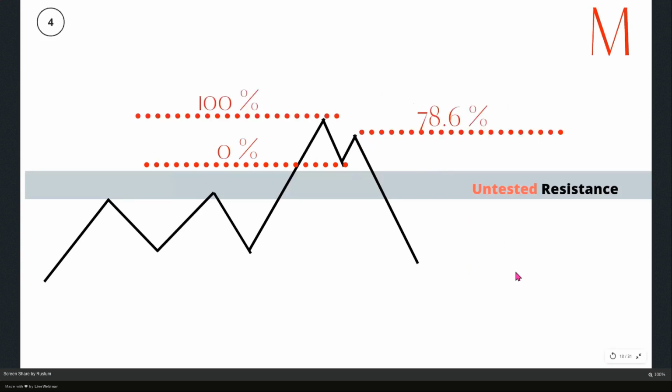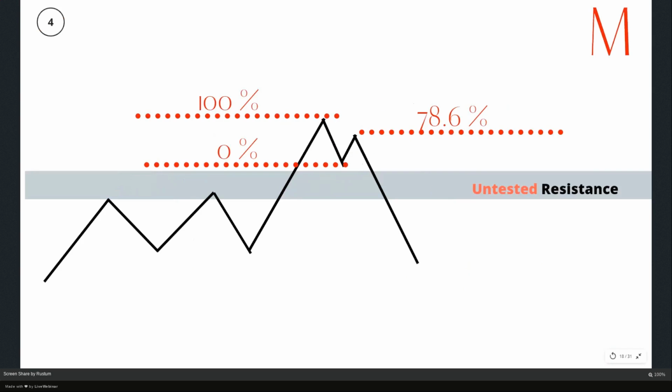And what we're going to use is the 78.6. So it's an M pattern at a qualified untested zone, and it fails to follow through at 78.6. That is the qualified M that we're looking for.